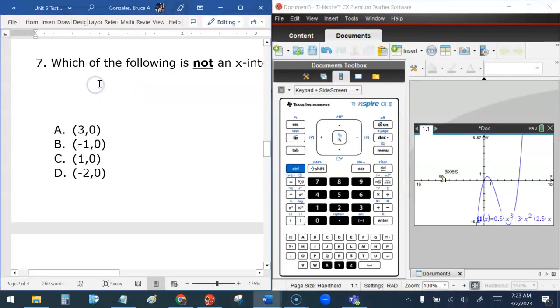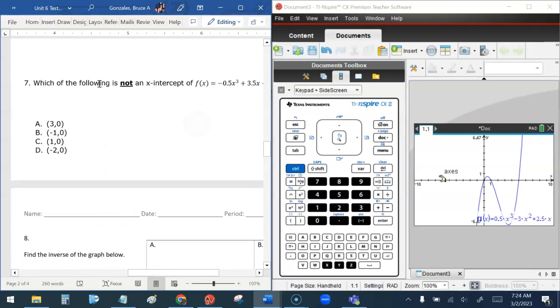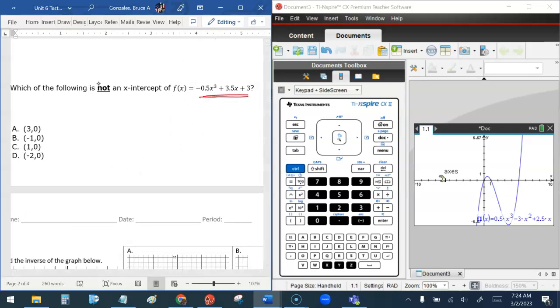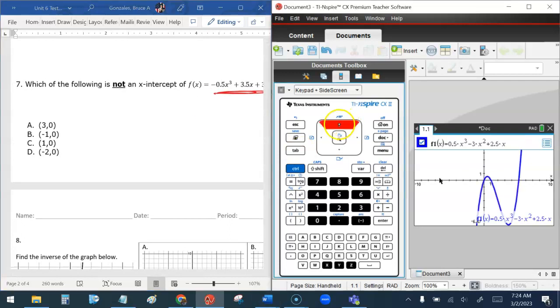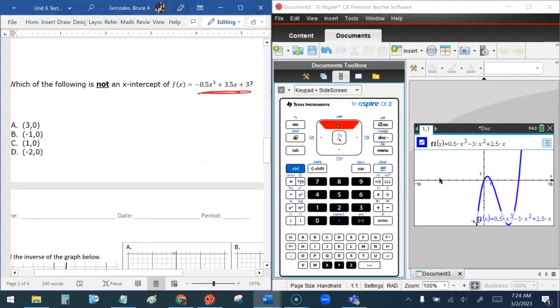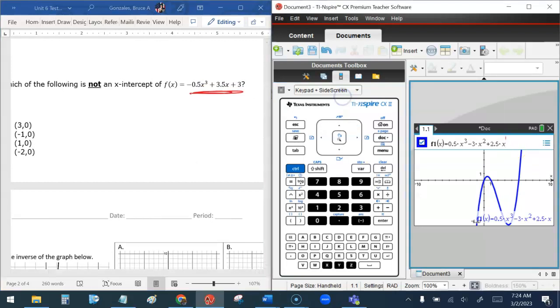Okay, so if you were to type in this function, now you can see I already typed this in. Actually I did not. Let me type this in.